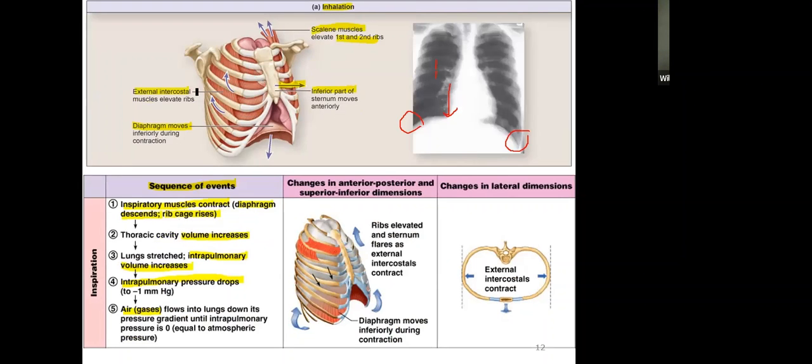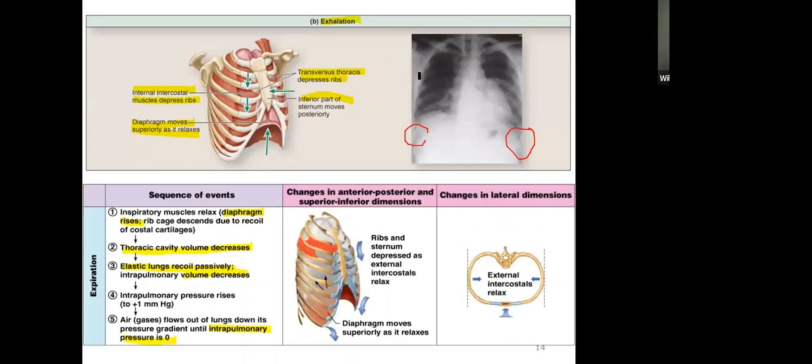of course, we've got the opposite happening because we're expanding the chest. You can see that the ribs are splayed apart, the lateral dimensions increase, the diaphragm hits the floor, the apex of the lungs are visible, the costodiaphragmatic recess and the costodiaphragmatic angle are filled by the lung, as opposed to exhalation where everything is the opposite way.